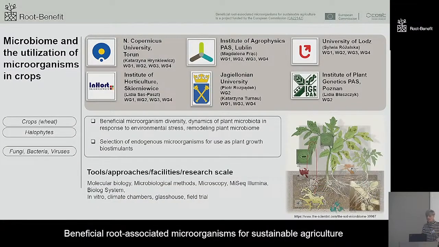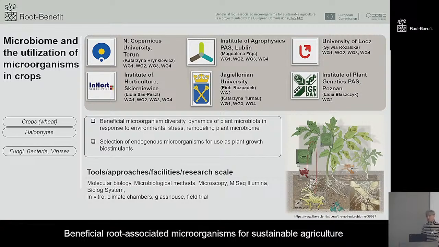Another topic widely explored by Polish research groups is the microbiome and the utilization of microorganisms in crops. A lot of groups are interested in this topic from various cities: Toruń, Lublin, Łódź, Skierniewice, also Poznań and Kraków.